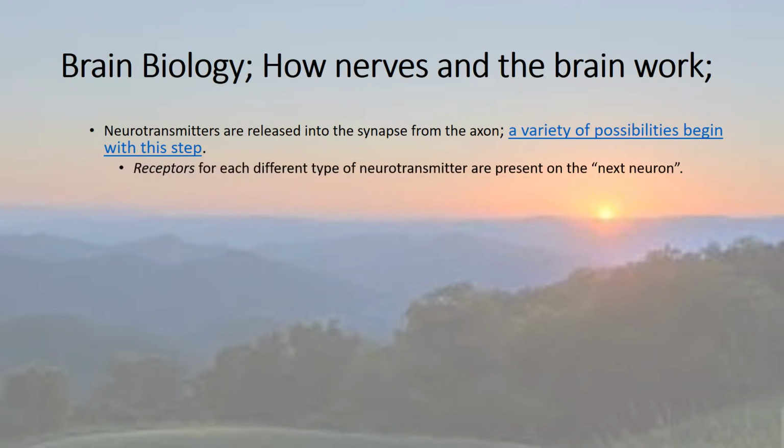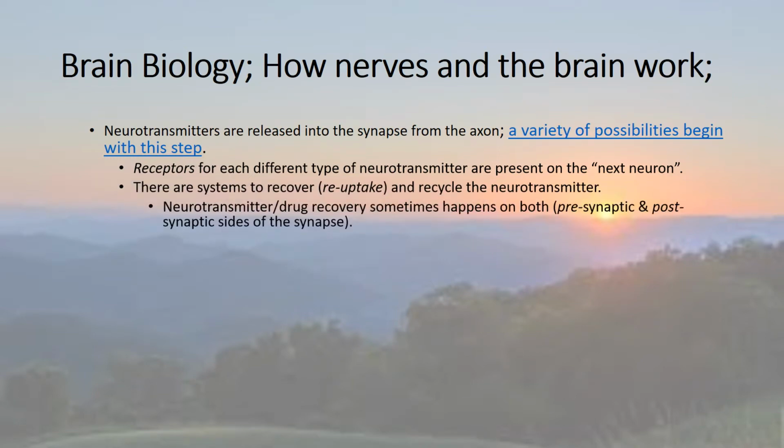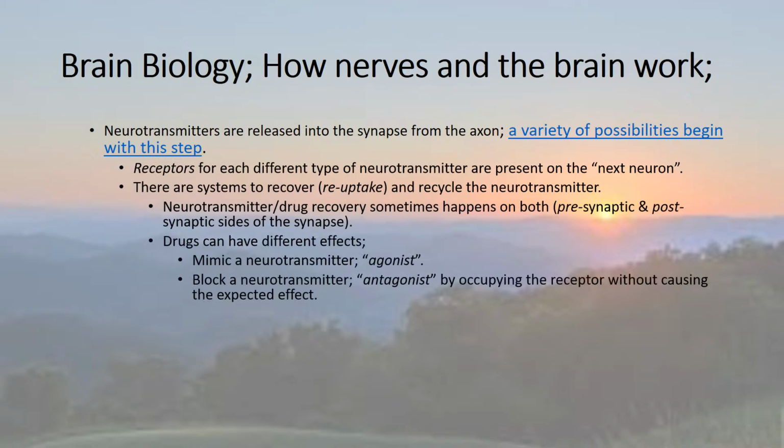Receptors are present for each different type of neurotransmitter on the end of the next neuron, the dendrite of the next neuron. There are also systems in place to recover, reuptake, and recycle these neurotransmitters. The neurotransmitter recovery system happens on both sides, presynaptic and postsynaptic.